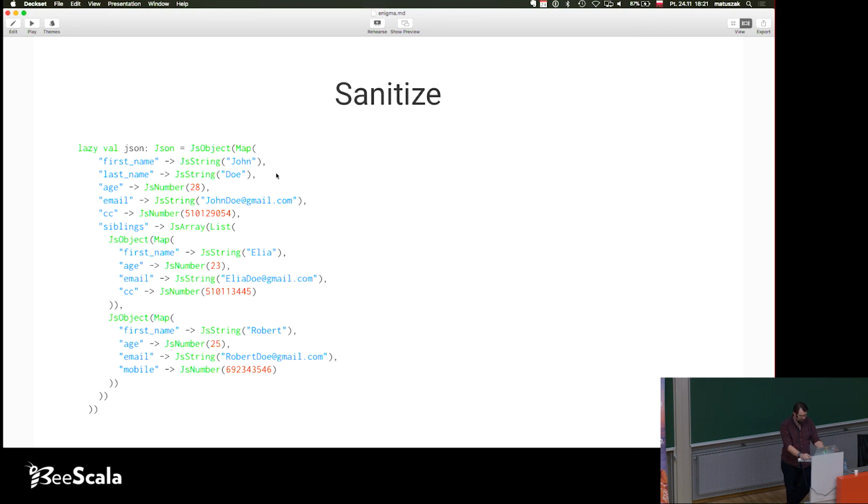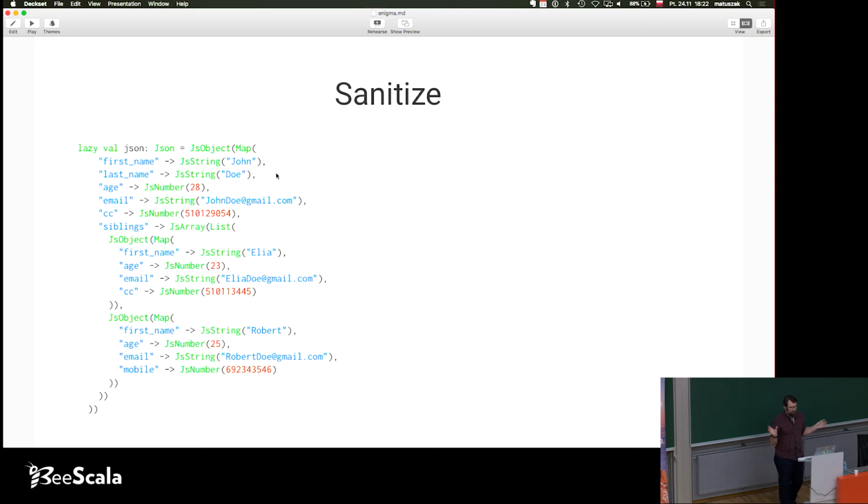And this is maybe not an exact example, but something which I had to do some time ago. So in this example, you have a JSON which contains things like emails and some numbers. And in this case, these are sensitive pieces of information, so we have to make sure that they don't leak somewhere.